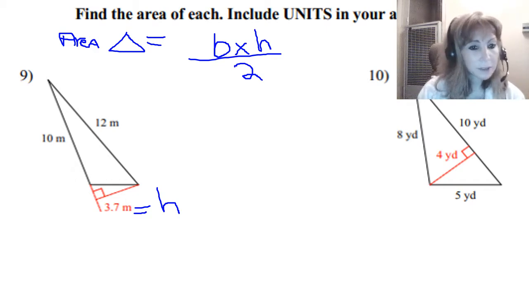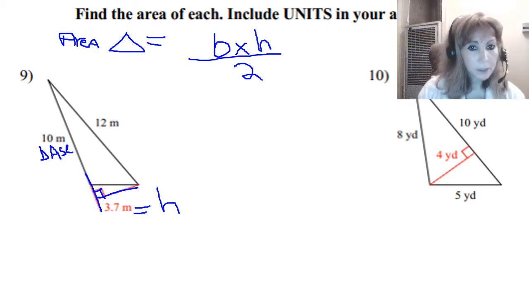I'll tell you how you can tell what the base is. If this is the height, the base would be right here, because the base is perpendicular with the height. That's one way to know. Just remember, the base is completely perpendicular with the height. See how it's perpendicular like that? Perpendicular means it forms that right angle.